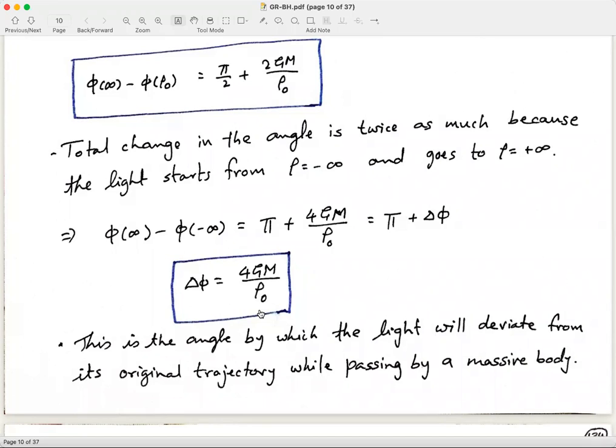The reason why they used the gravitational field of the sun is that it was the nearest massive body which could affect bending of light.